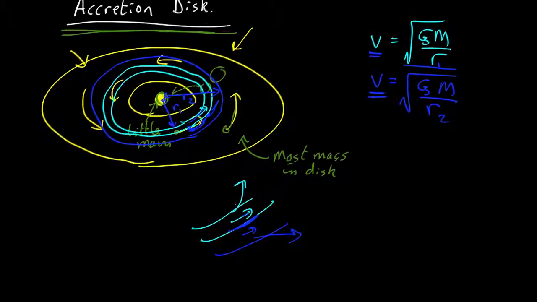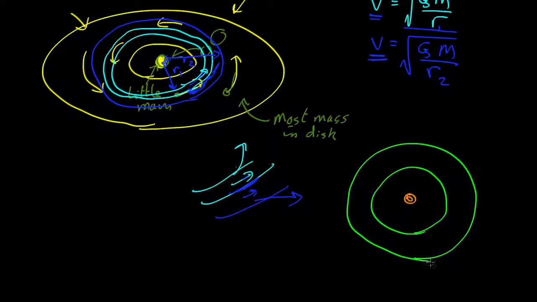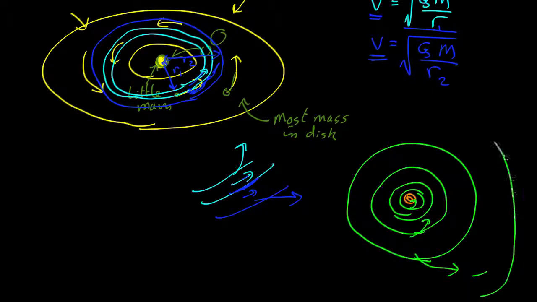So if you get viscosity in a disk like this, and let's say the disk started off at these sort of radii, what's going to happen with time is that some of the matter is going to start coming in. The inner part of the disk will move closer and closer to the center, and some mass will eventually end up falling into the star. And also, some will go further out. So the disk will expand, but some matter will fall into the center.